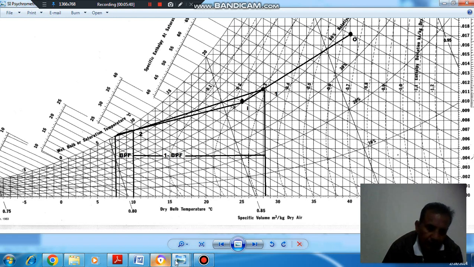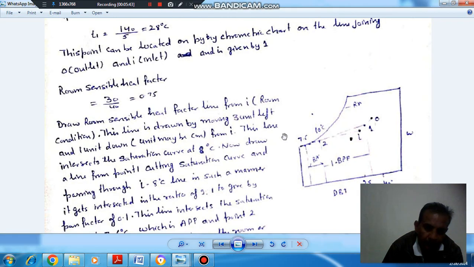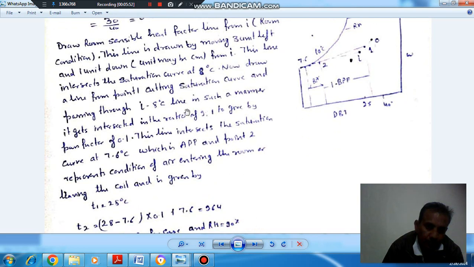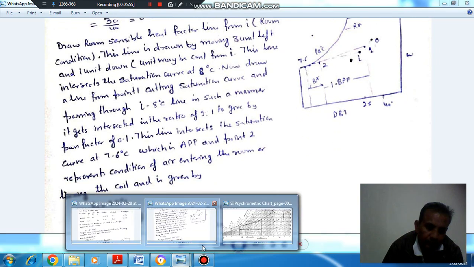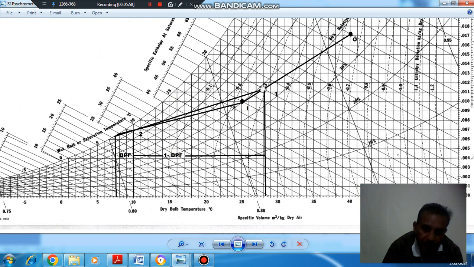It is also given that the bypass factor is 0.1. For the bypass factor of 0.1, when the mixed air passes through the cooling coil, 10% of it will not be cooled. So if we start from here and go up to the saturation line, this portion should be 10% of the total, equal to the bypass factor.